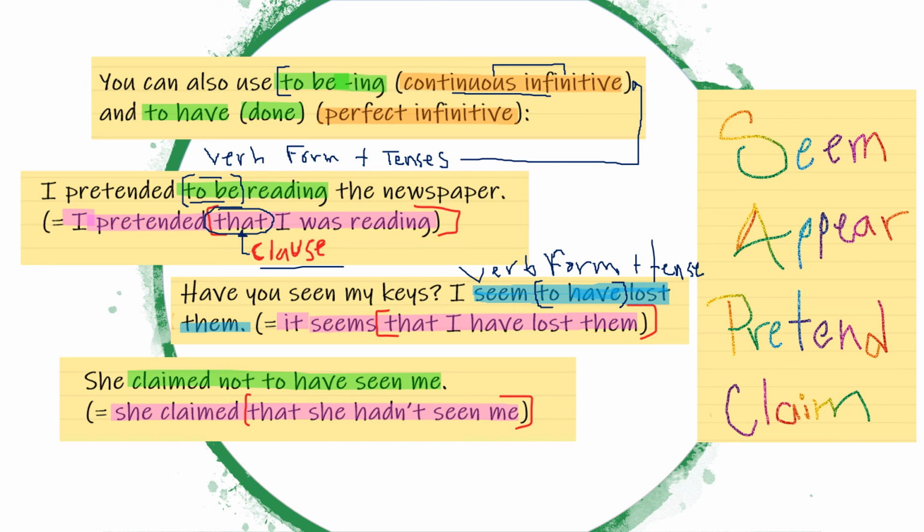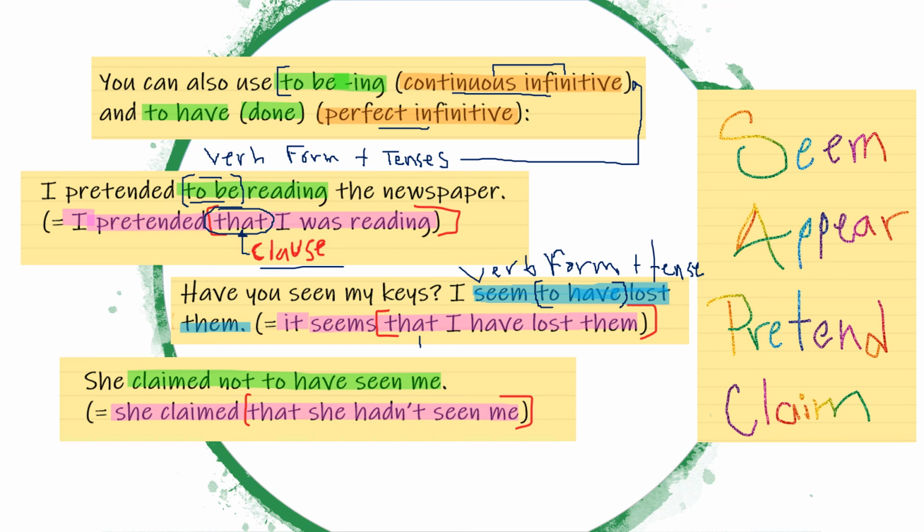Okay, so that is why it's called perfect infinitive, because you are combining the verb form that is full infinitive, and you are putting it together with the tense that is present perfect. Okay, seem to have lost them. That I have lost them here. It seems that I have lost them.